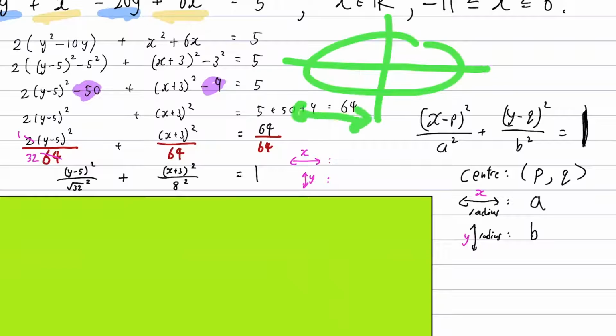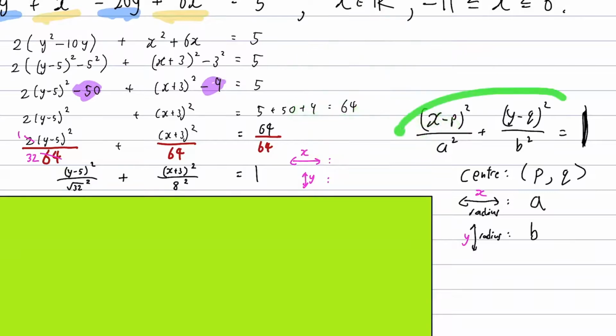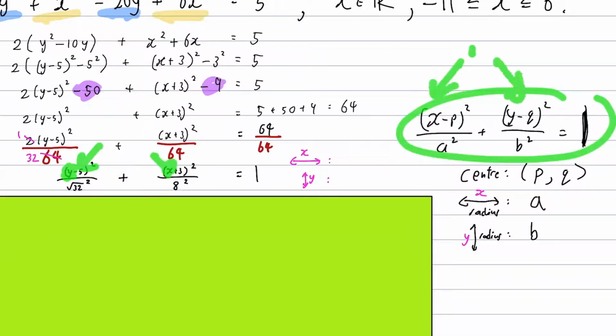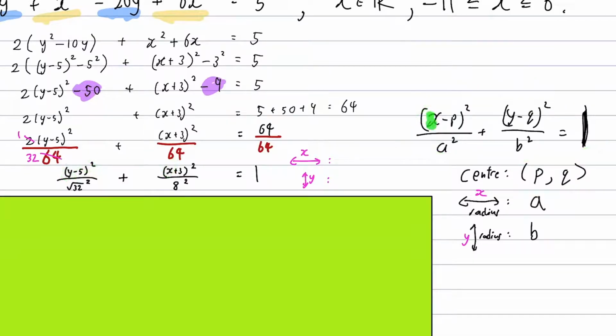X radius is this part here and that part there. Look carefully at the equation again. It's not just left and right. I swapped it around. The y is now on the left, then the x is on the right. But here, x is on the left, y is on the right. 8. It should be 8, yes. Then the other guy is square root 32. Okay, good.